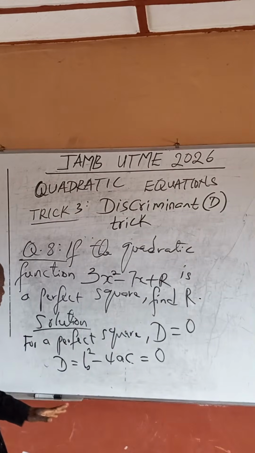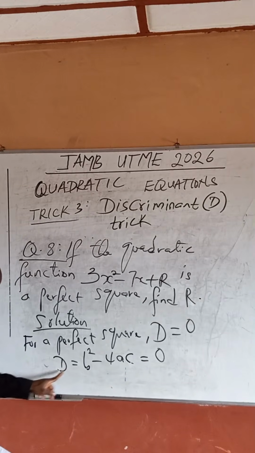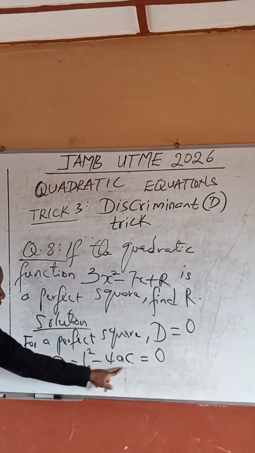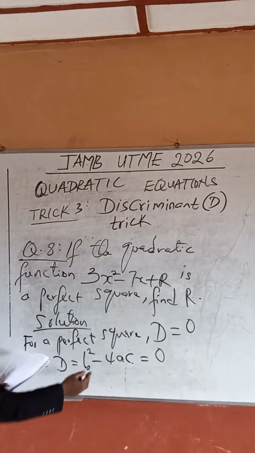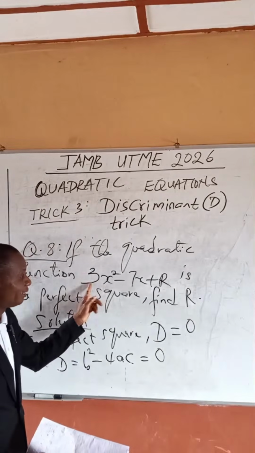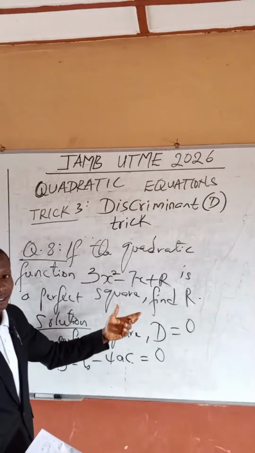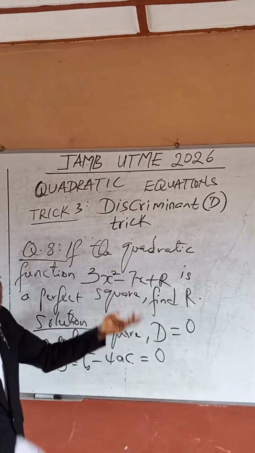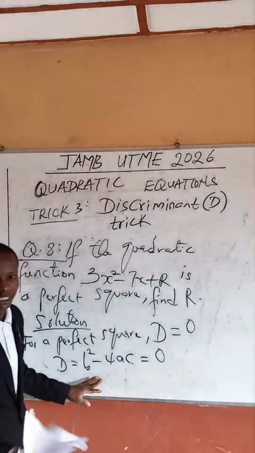That's the implication. So this is D. D is equal to b squared minus 4ac, and it is known as the discriminant. This is the method we are going to use. We are not using the other method where we divide by 3, then take half of the coefficient of x and square it. It may not be necessary, but if you think so, it's okay. But if you can use this, it's simple.